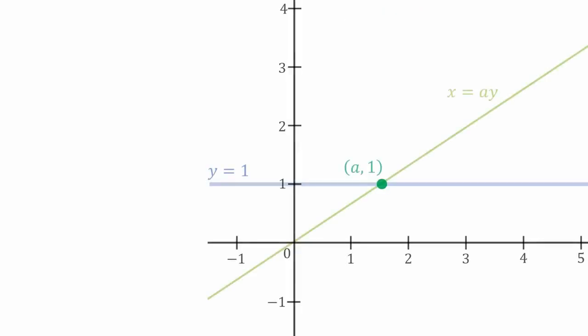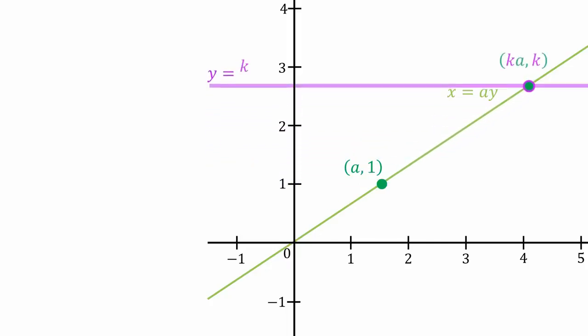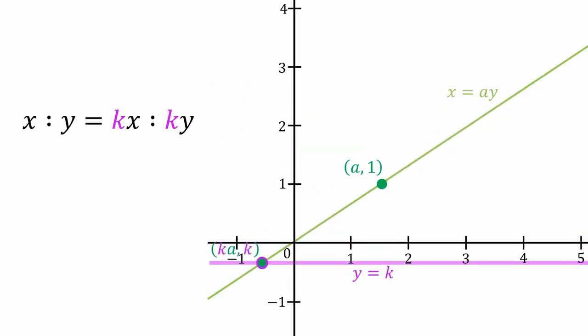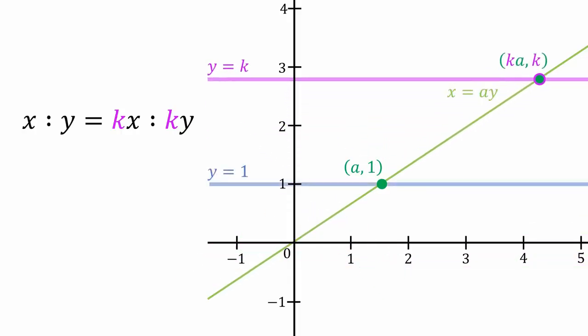Going back to our correspondence between points and lines, look at the line that goes through our sample point a,1. If we scale the x and y coordinates by the same number, say k, what we get is still a point on the line. In particular, notice that the ratio between the x and y coordinates is left invariant as long as we're on this line. We could project our point onto any other horizontal line, except the one at the origin, and we would still have a one-to-one correspondence between points on the line and lines through the origin.